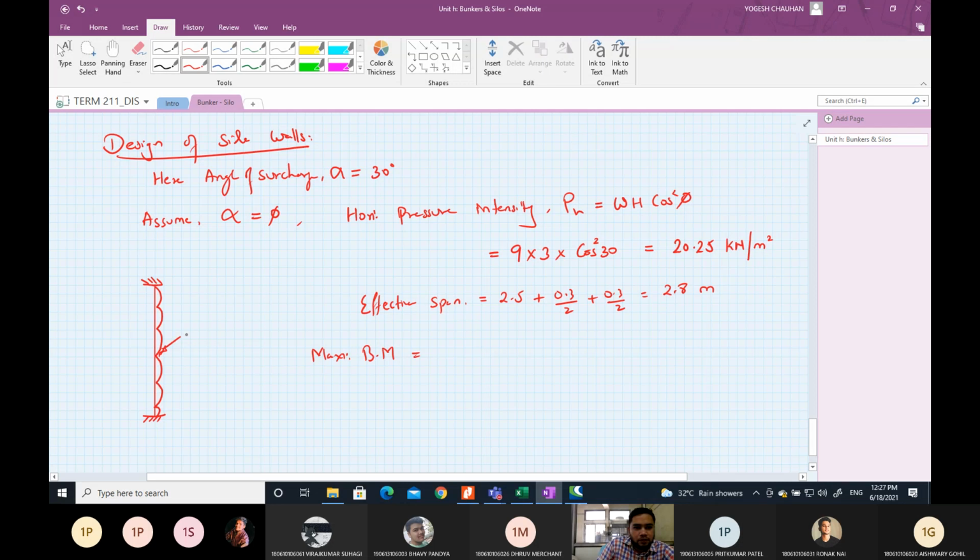The intensity of this pressure is 20.25 kilonewton per meter square. We are taking 1 meter width. Okay. So this pressure is uniformly acting for 1 meter width, and this is your 2.8 meter effective span.